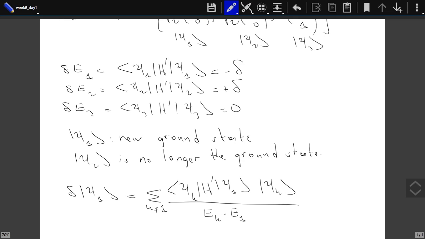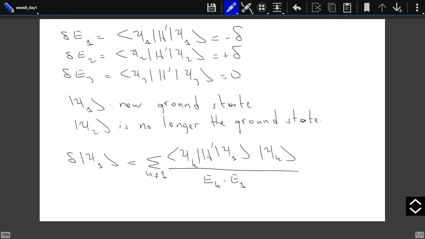But of course, due to our choice of the basis states, k equal to 2 also doesn't contribute. The only thing remaining is the k equal to 3 term. And that just gives delta over epsilon 2 minus epsilon 1 times psi 3. This is the first order correction to the ground state wave function.